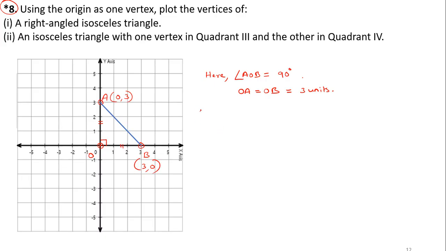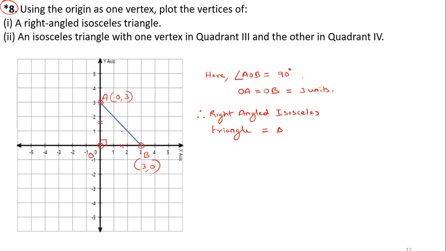Therefore, the right angled isosceles triangle is triangle AOB, because it is becoming right angle here, and it is isosceles.